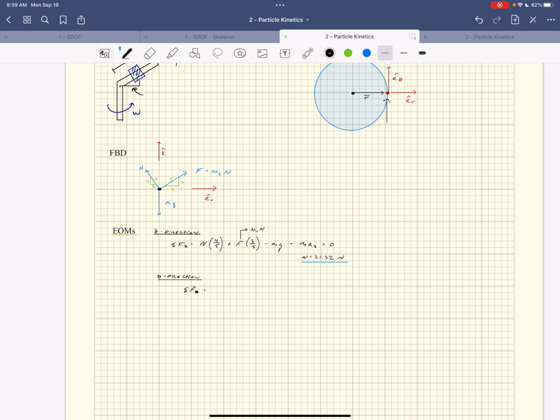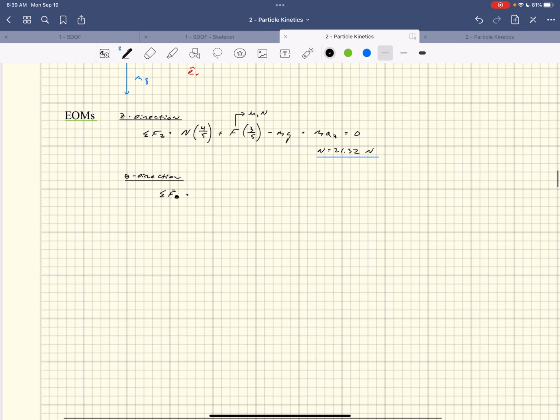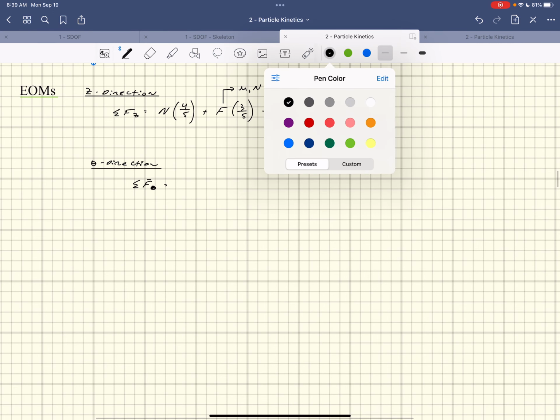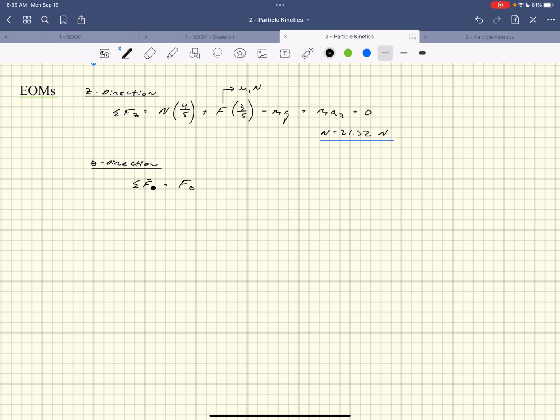Right, but there could be a force acting into the page, right? Either into the page on this diagram or from above there, it could be acting like that, okay? So we'll just say there is one there. There could be. Let's just say F theta is equal to mass times A theta.